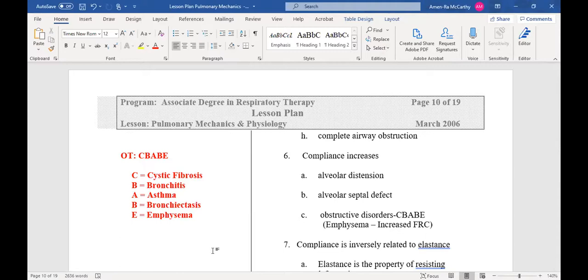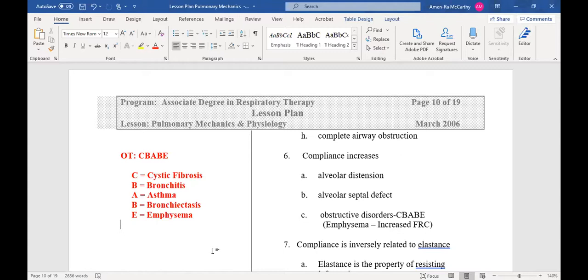well, I can put any one of these in place of COPD. You need to know what happens, right? If I asked you, what type of elastance does a cystic fibrosis patient have? Obstructive. It'd be a low.